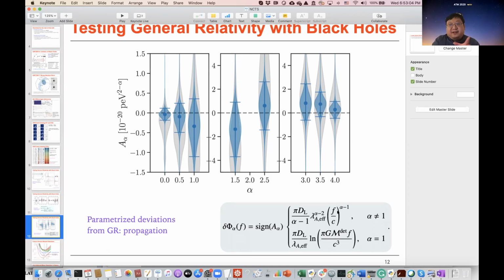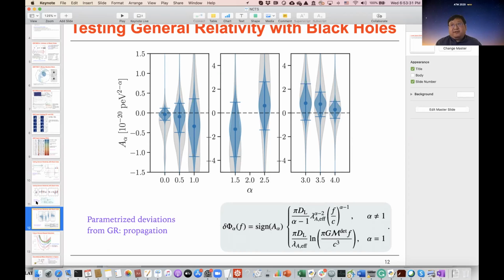And then for different values of the power law, we can constrain the coefficient in front of these modifications. And basically, we have also seen that from the data, there is no systematic discrepancy of the dispersion of the waves within our statistical uncertainty.